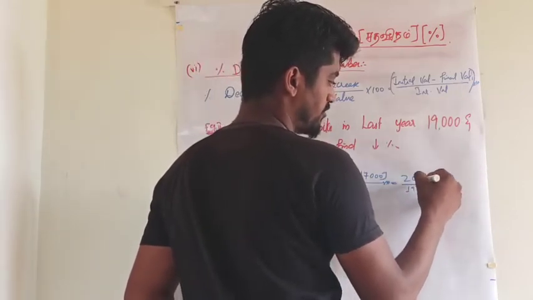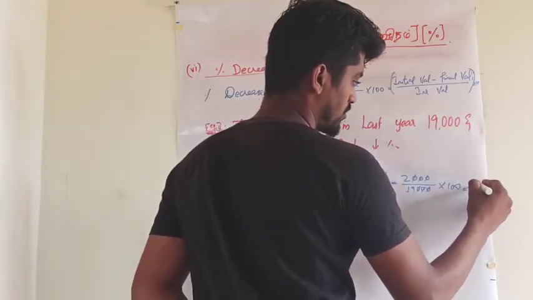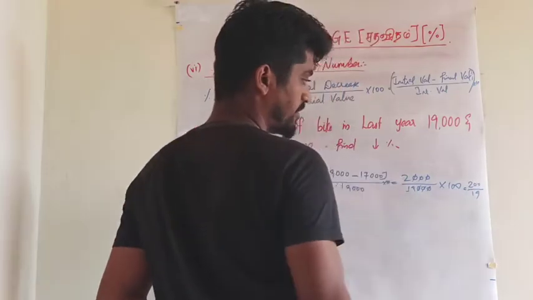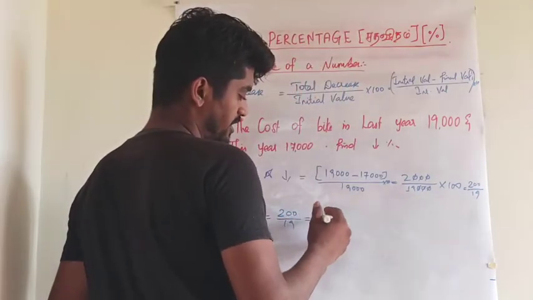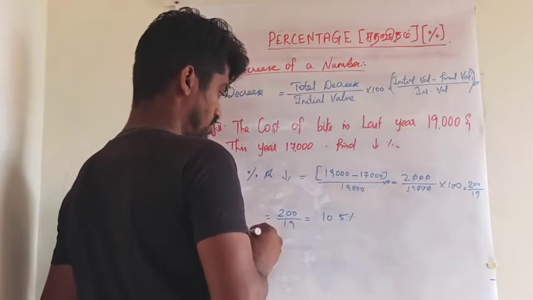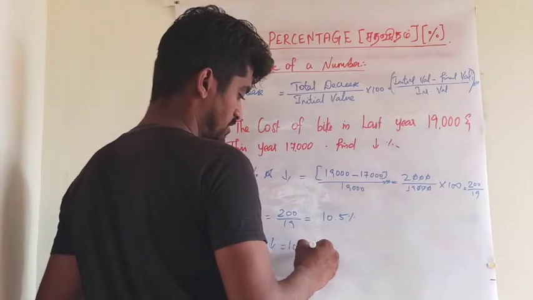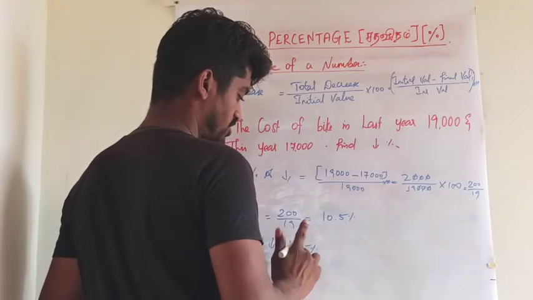We simplify: 200 divided by 19 is 10.5 percent. So the percentage of decrease is 10.5 percent.